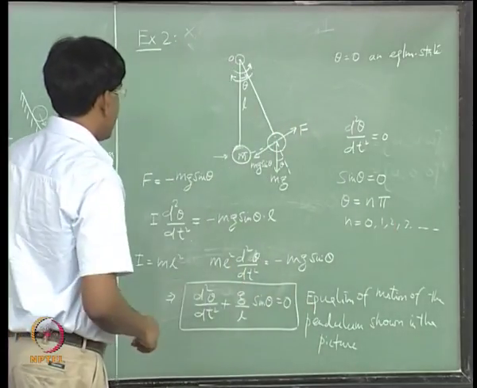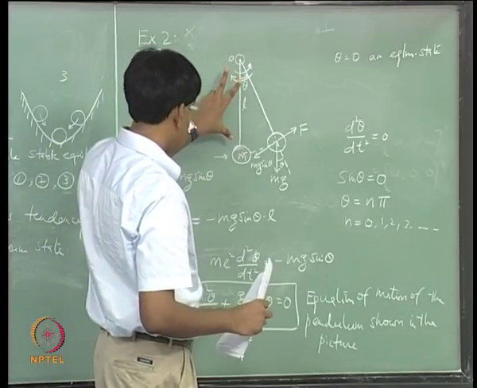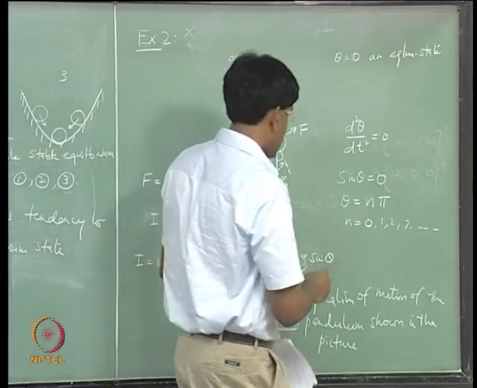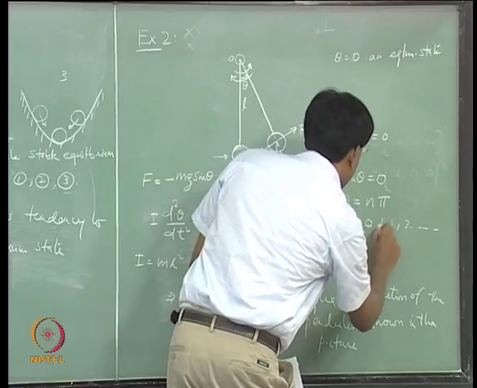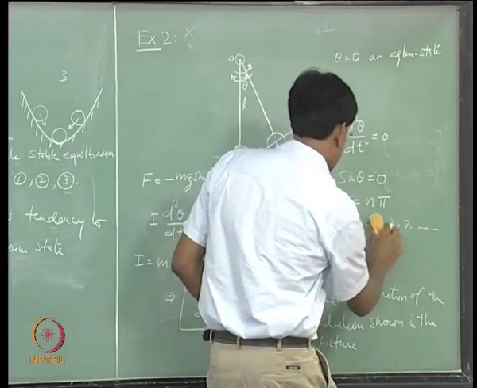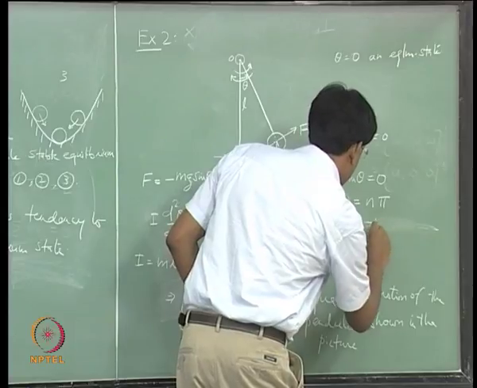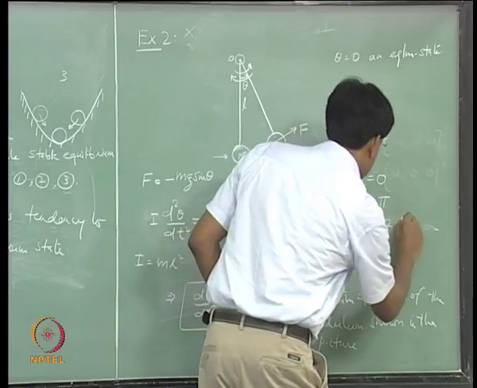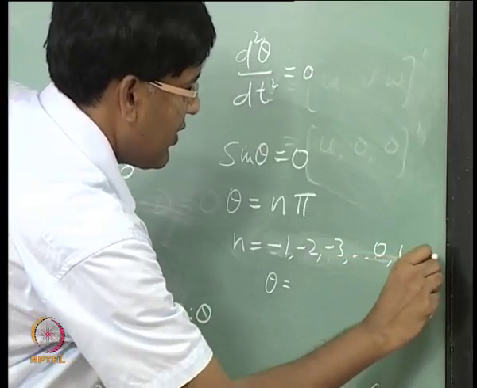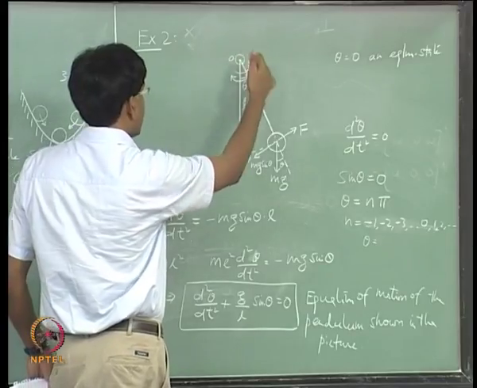So, physically it looks like that there are two equilibrium solutions possible, and they are, actually n can be, so the pendulum can go in the other direction also.